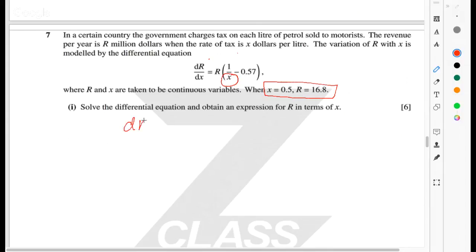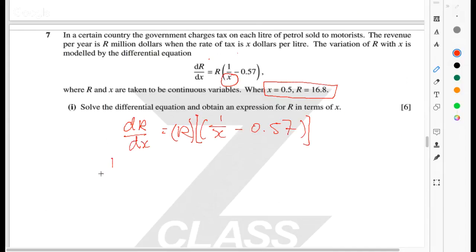So we have dR by dx is equal to R times 1 over x minus 0.57. And really, you should spot straight away that the thing in the bracket is only a function of x, and the other thing is only a function of R. So when you can separate the two variables, you should just divide over.